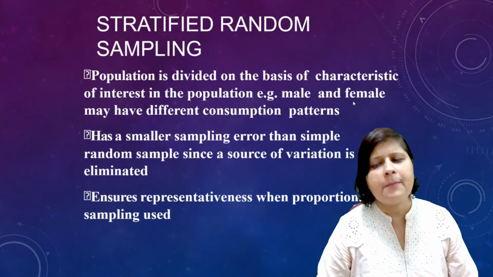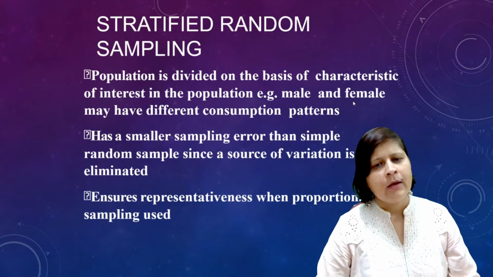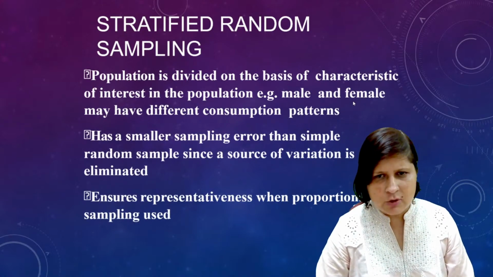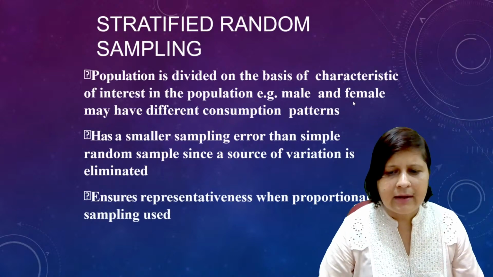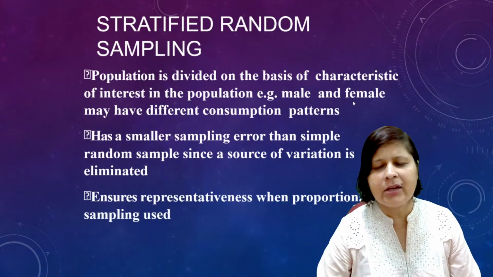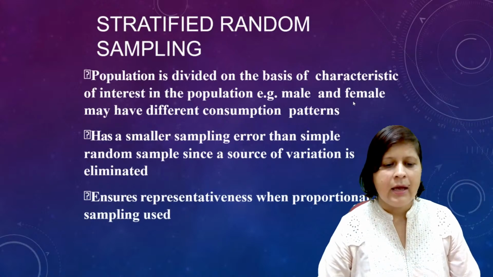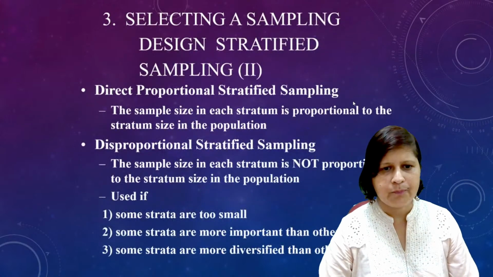The population is divided on the basis of characteristics of interest, that is male, female, or on the basis of age, or income. It has smaller sampling error than the simple random sample since the source of variation is eliminated, and it ensures representativeness when proportional sampling is used, right?